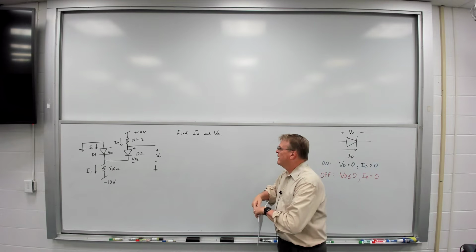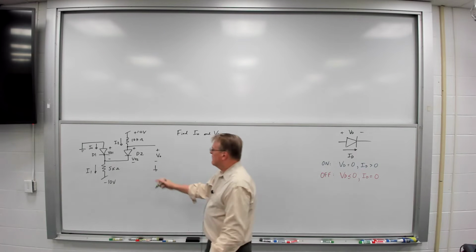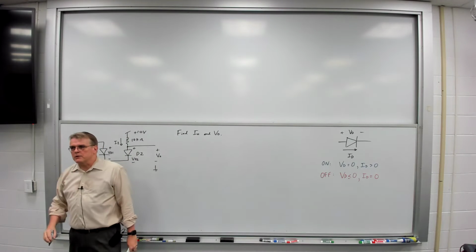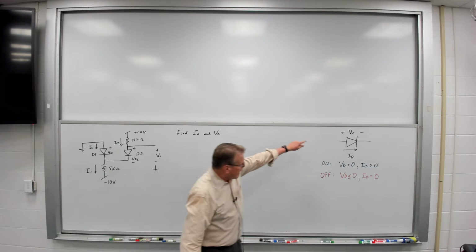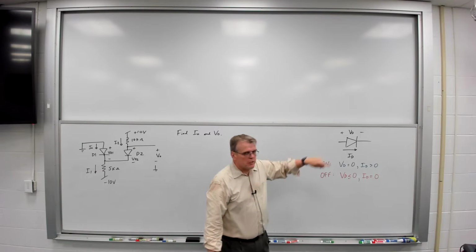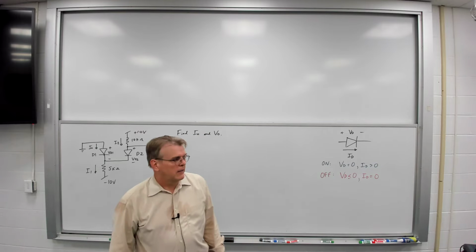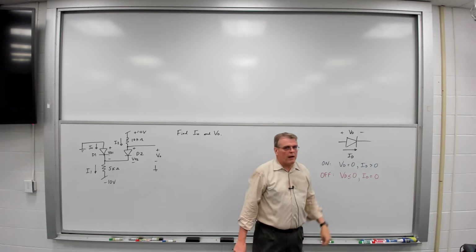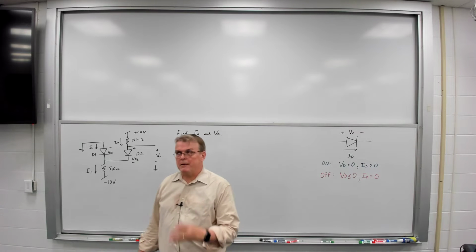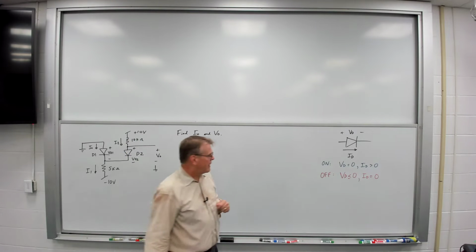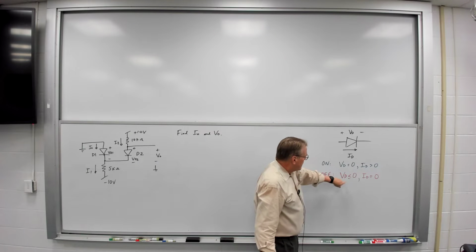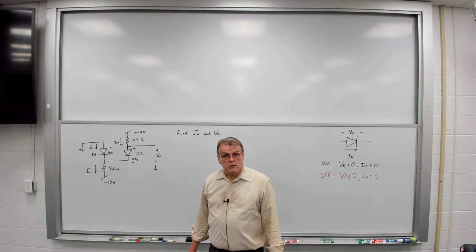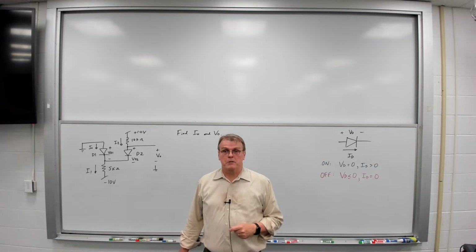In this case, there are 4 possible combinations of whether D1 and D2 are on or off. These are the boundary conditions that we need to check. If a diode is on, VD is going to be equal to 0, and we'll have a positive diode current. If the diode is off, then VD is going to be less than or equal to 0, but the current will be equal to 0.